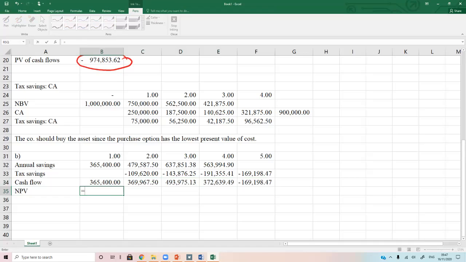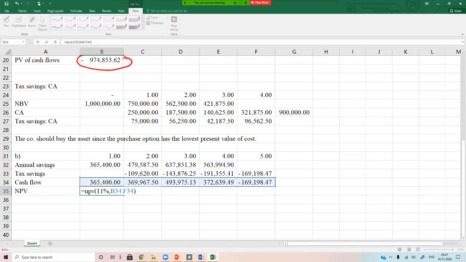Be careful, because these are investment cash flows, not financing cash flows. For financing cash flows, we discount at 6.02%. Investment cash flows are discounted at the company cost of capital, 11%, year 1 all the way to year 5.